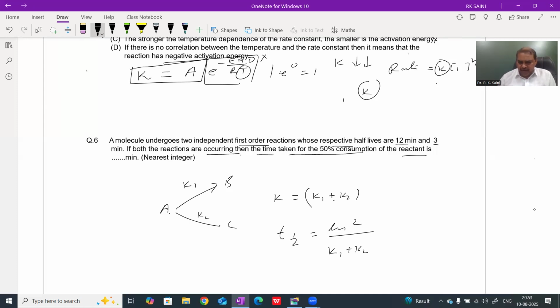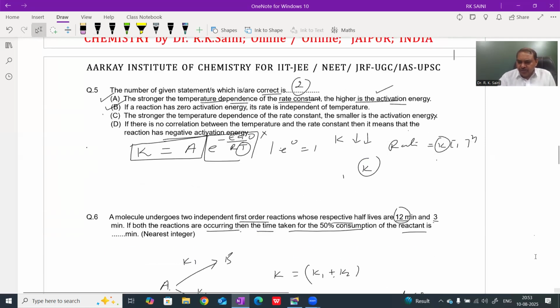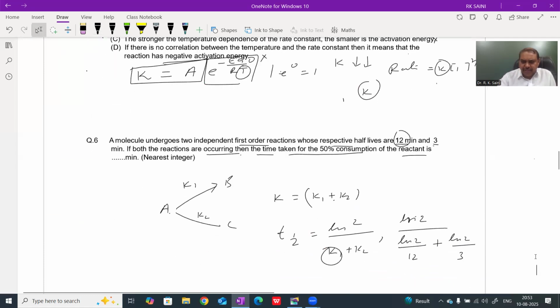Putting the values: ln2 upon the half-life equals ln2 upon 12 minutes plus ln2 upon 3 minutes. On solving the equation, we find the following time for 50% consumption.